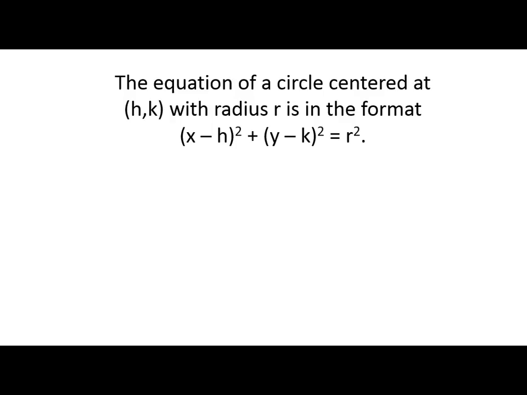The equation of a circle centered at (h, k). I'm using letters because it could be anywhere. So the equation of a circle centered at (h, k) with radius r is in the formula (x minus h) squared plus (y minus k) squared is equal to r squared.